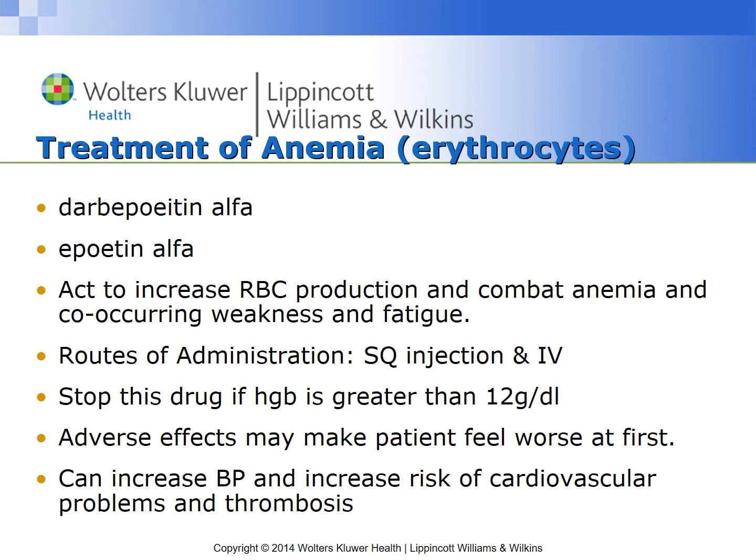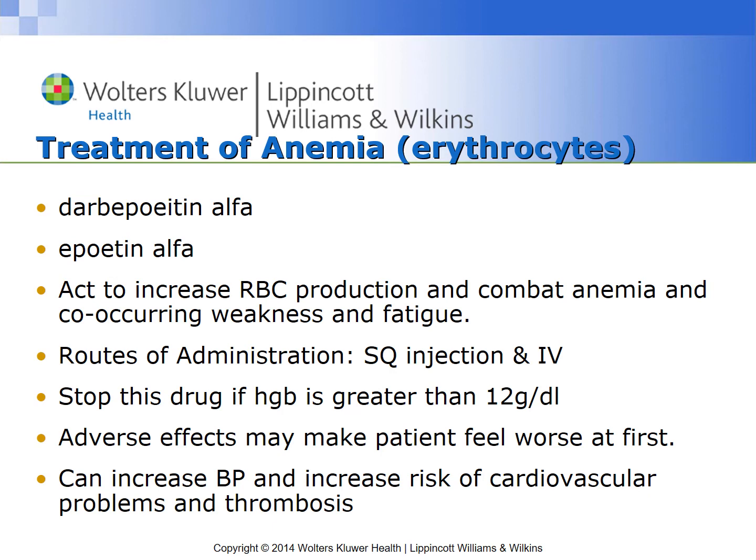The route of administration is sub-Q or IV, and there are some pretty strict guidelines for this. If the hemoglobin is greater than 12, then it cannot be given. It has to be stopped, okay? Adverse effects may make the patient feel worse at first, but with time, it will improve.